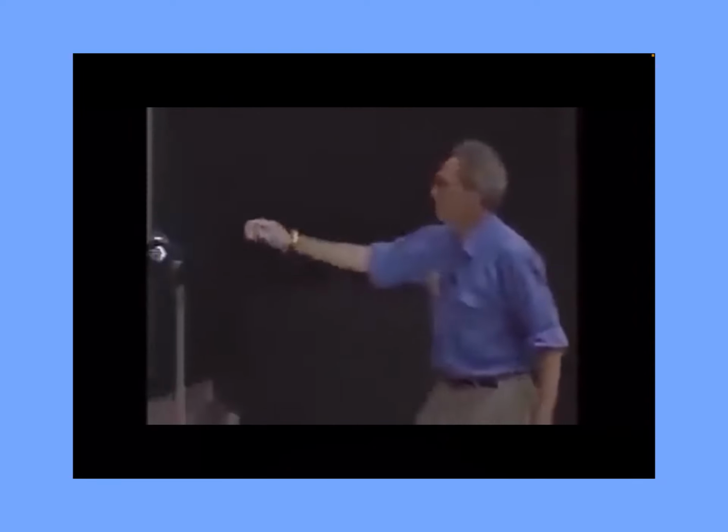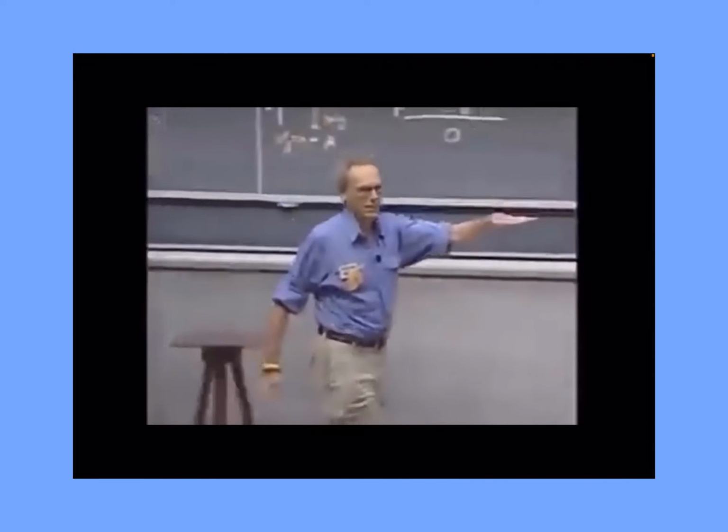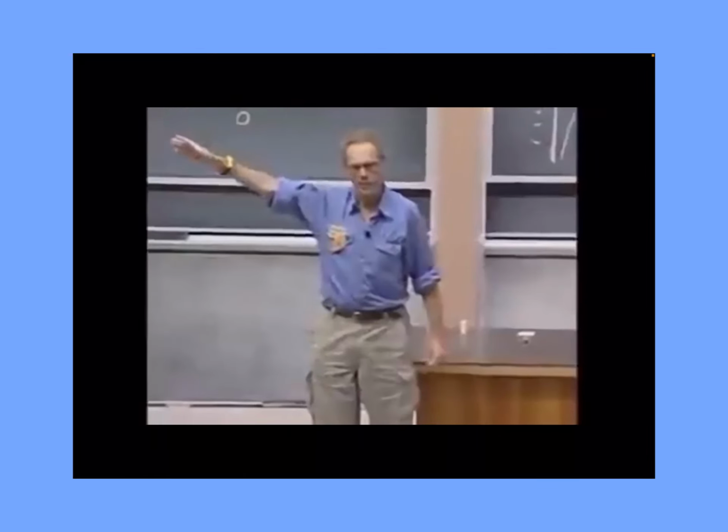If I release it from this height and it swings, then when it reaches here, it could not be higher. There is a conversion from gravitational potential energy to kinetic energy and back to gravitational potential energy, and it will come to a stop here. And when it swings back, it should not be able to reach any higher, provided that I do not give this object an initial speed when I stand here.